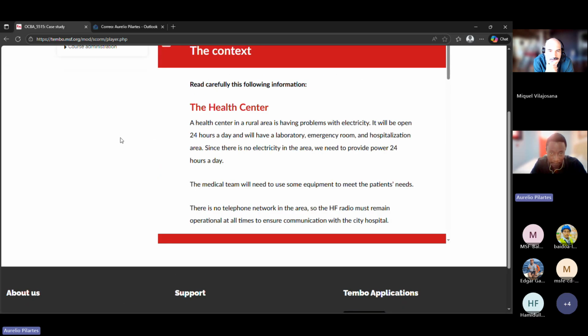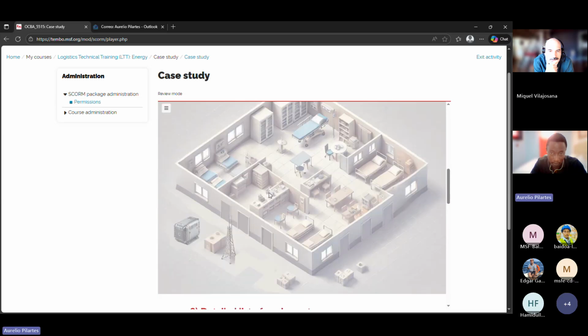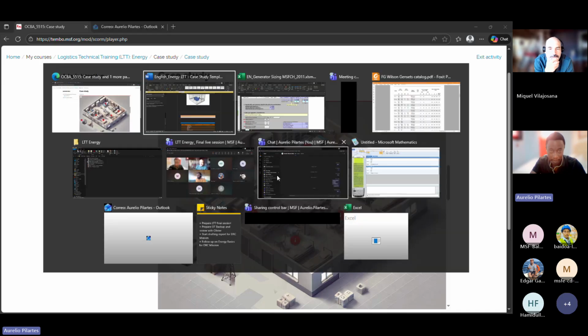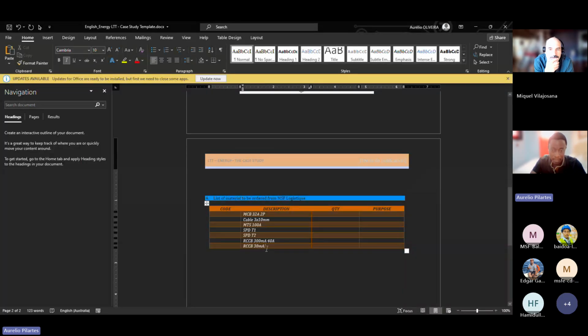The installation is quite small, so you could put one circuit breaker to feed one side, one board to feed one hole, and one board to feed the other hole. So two boards would be enough, and that would mean going for two RCCBs of 30 milliamps.